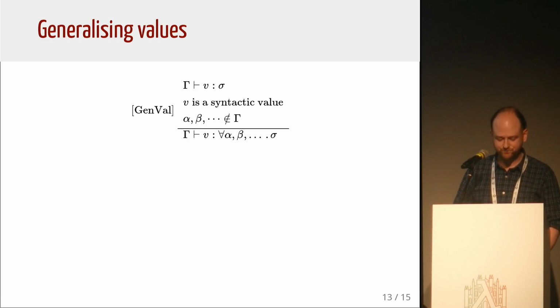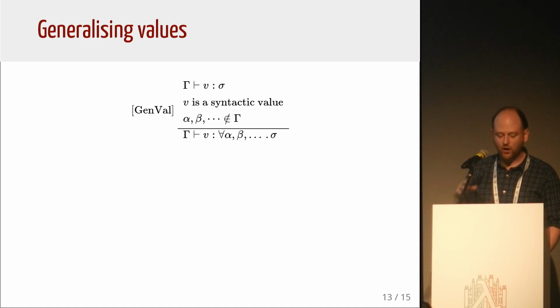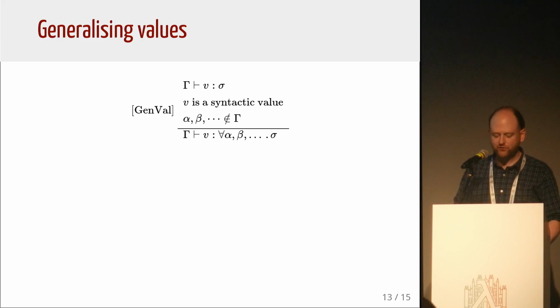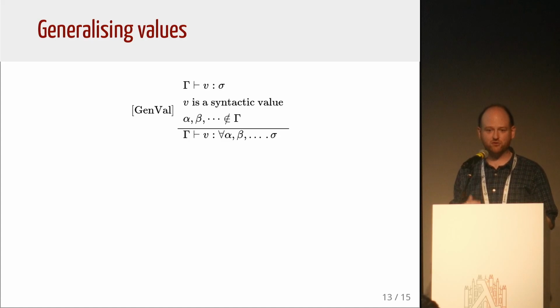It says we can generalize something with the normal rules, where the variables must not appear in the context, only when it is a syntactic value. A syntactic value is something like a lambda expression or a tuple construction where all of the components are themselves values. So let's just split that into cases. Let's consider the different sorts of things that we might be generalizing independently.